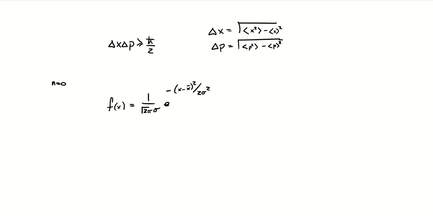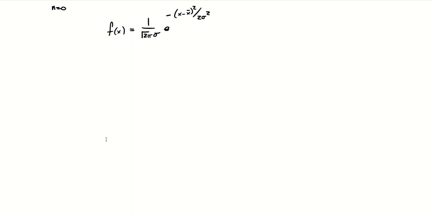So for our position space wave function squared, we get the square root of m omega over pi h bar, times e to the negative m omega x squared over h bar.